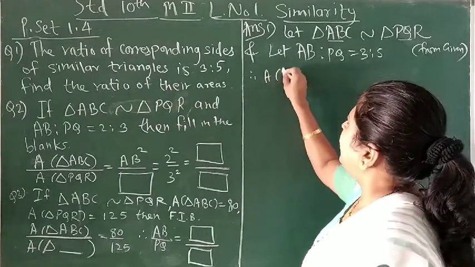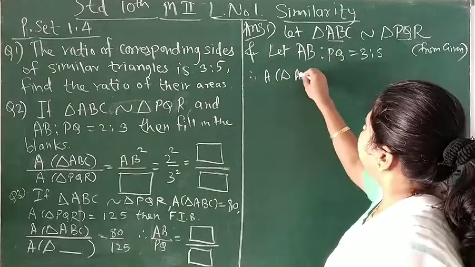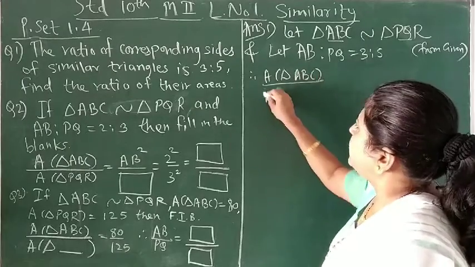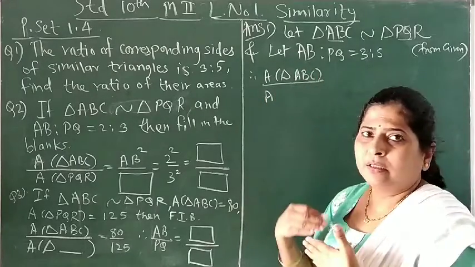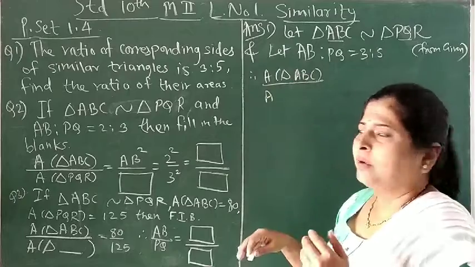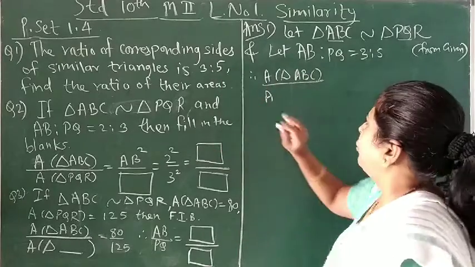So what is the area of triangle ABC? Its ratio with the area of triangle PQR, as we have to take a ratio, in numerator upon denominator form, or like this, colon form.